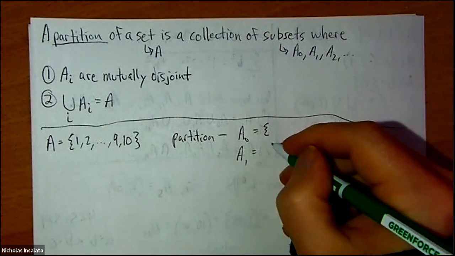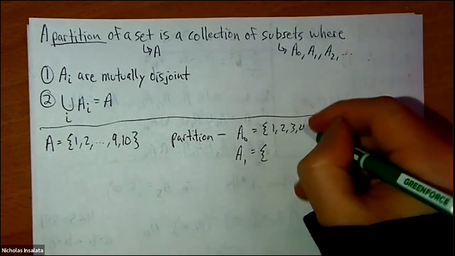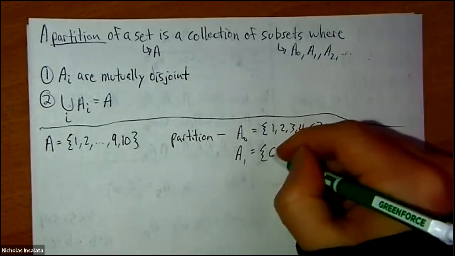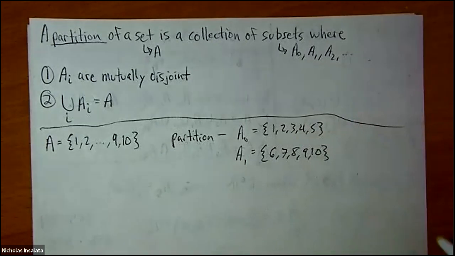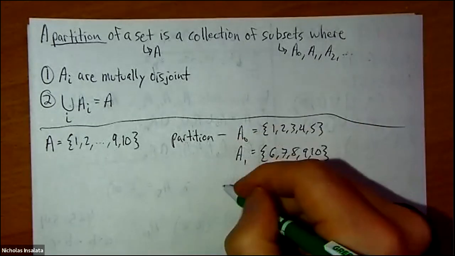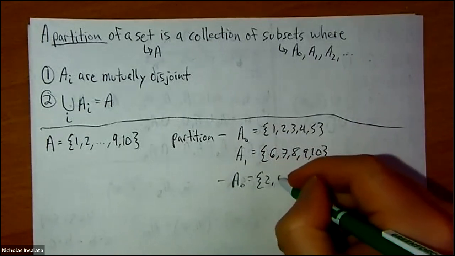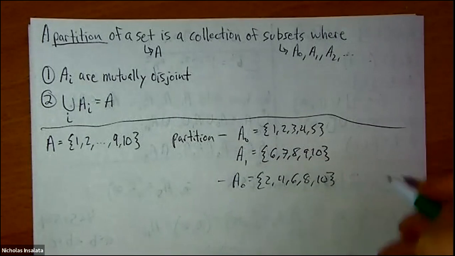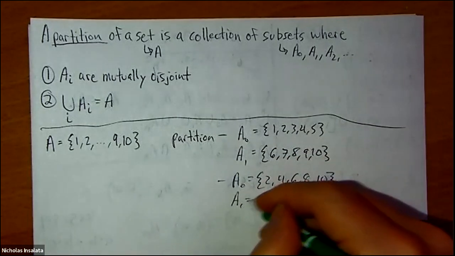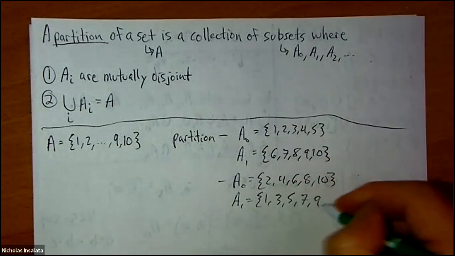Okay, 1 through 5, 6 through 10. That one will work. 1, 2, 3, 4, 5, 6, 7, 8, 9, 10. Or we could say A0 is the evens, 2, 4, 6, 8, 10, and A1 is the odds, 1, 3, 5, 7, 9.